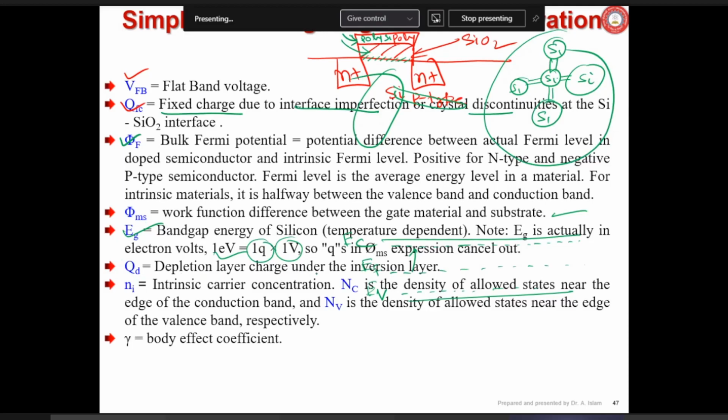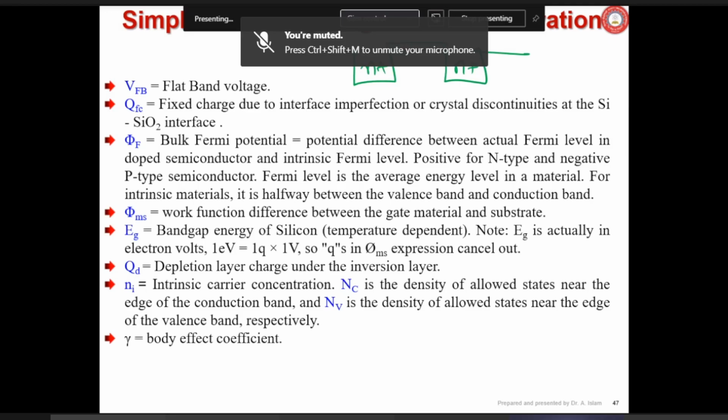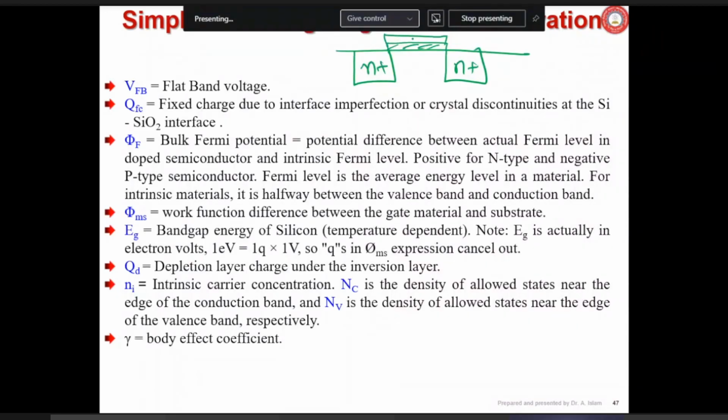Then QD, the depletion layer charge. What is that depletion layer? Tell me something, somebody quickly. Where does the depletion layer exist, and charge for that will be there? Tell where this depletion layer we're talking about. N plus, once again I am drawing. Tell quickly where the depletion layer will happen in this case of N MOSFET.